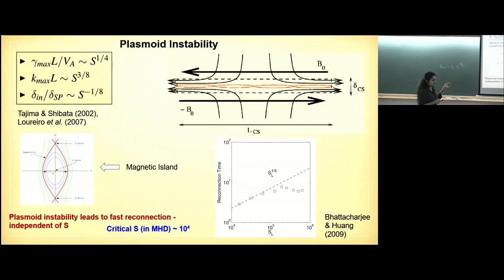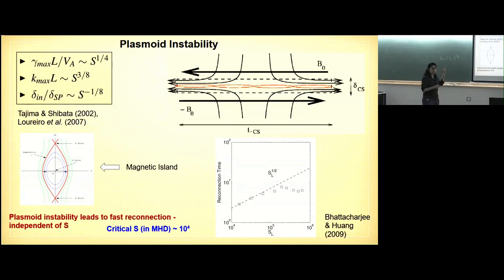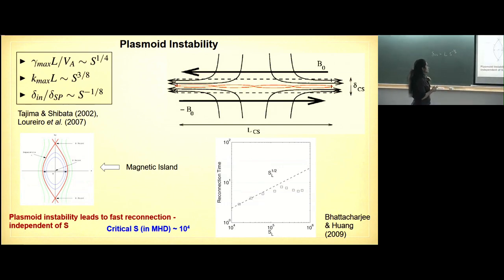And this means that for a large Lundquist number, it is going to be really fast. And of course, you can get the wave number of the fastest growing mode. And this delta N is basically the inner resistive layer that I was talking about. And I will talk about it again in some time.